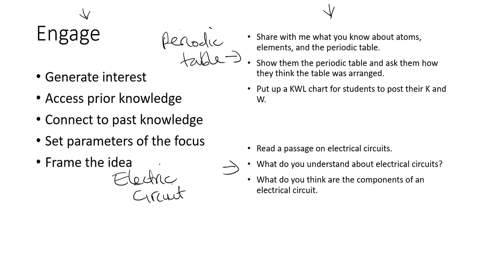And then I'll put up a KWL. So K is what they know. W is what they want to know. L is what they have learned. So KWL chart. Because it is at engage phase, you want them to post what they already know and what they want to learn.